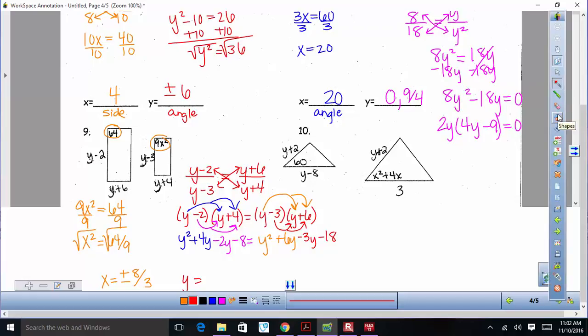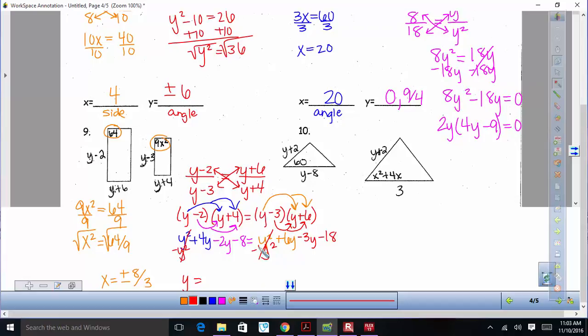So let's go ahead and start combining our like terms, but also moving some terms. So let's go ahead and move my y squared to the other side. So I'm going to subtract y squared from both sides. So what does that give me here? It cancels out. What about over here?